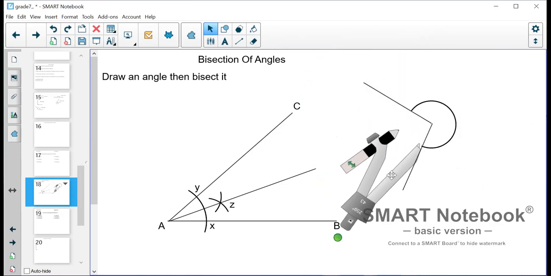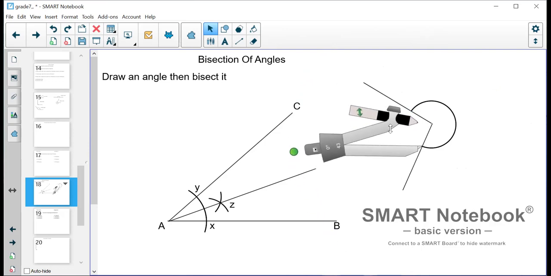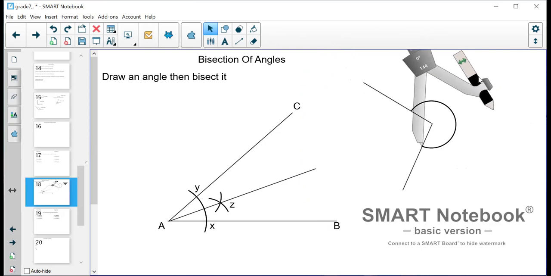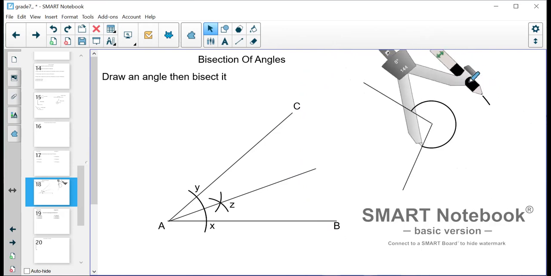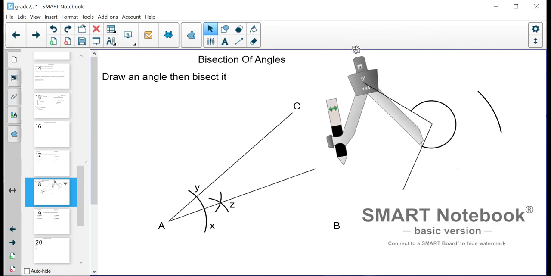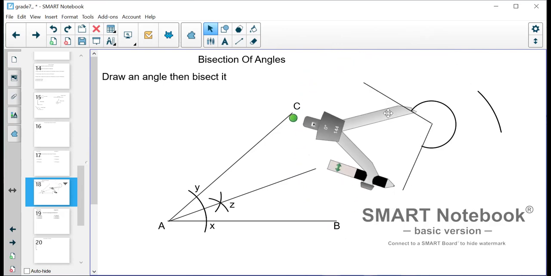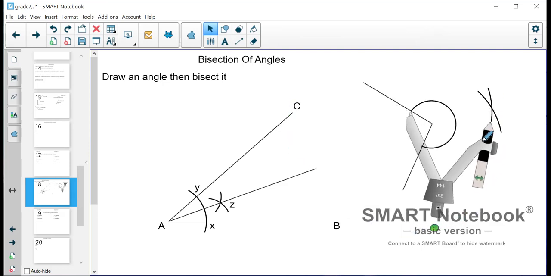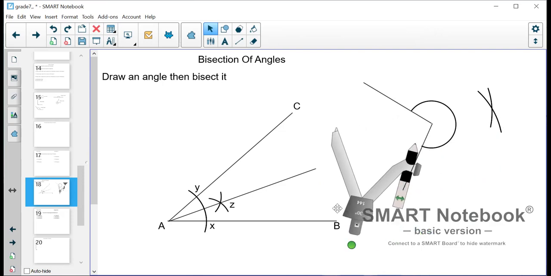Now you go from one end, and in this case, you can open the pencil point to much longer than the other point, which was either X or Y. So with that, I would scribe an arc in this general direction. Then I would switch it around. I would go from the other intersection and intersect that arc with the same length.